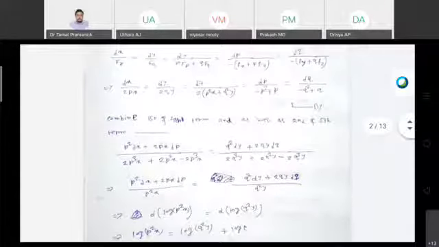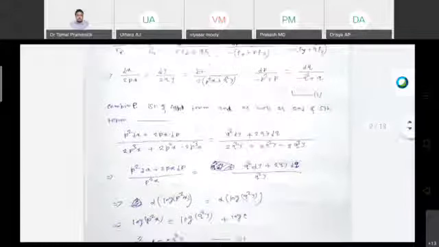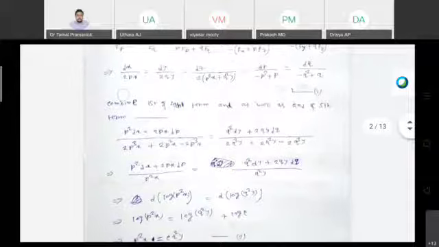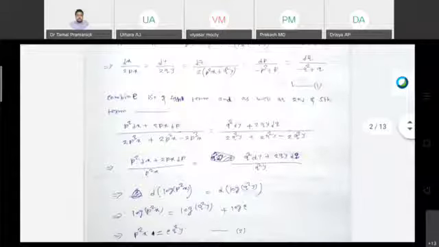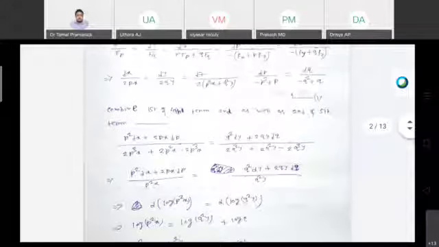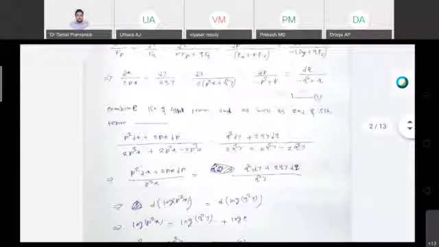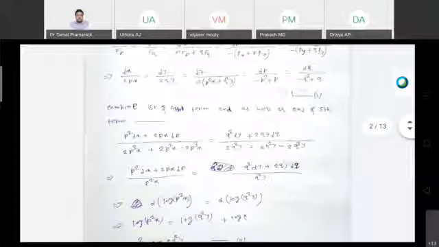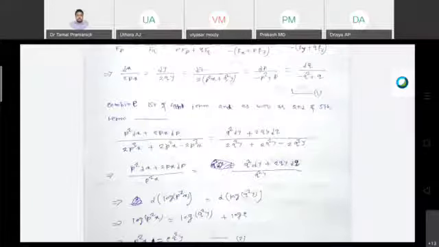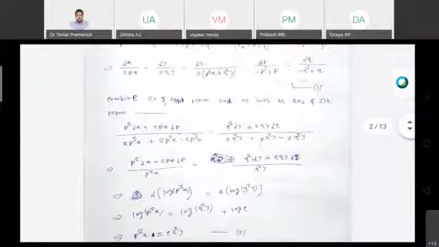By multiplying p squared above and below on the first and fourth terms, and for the second term multiplying by q above and below, and for the fifth term multiplying by 2qy in the numerator, you then add them. So this you have done basically.